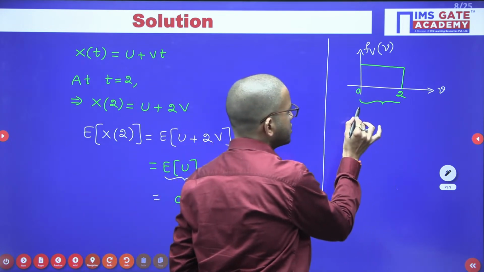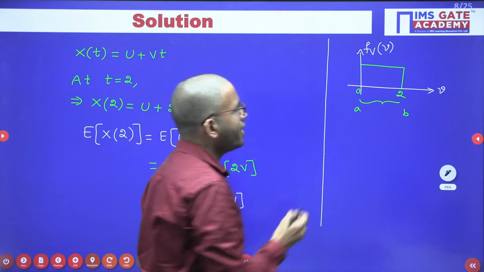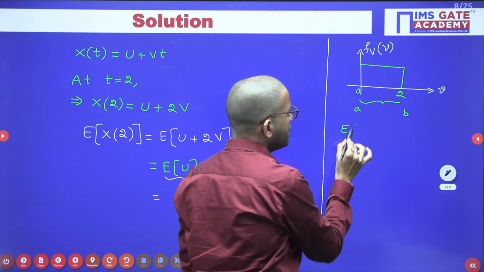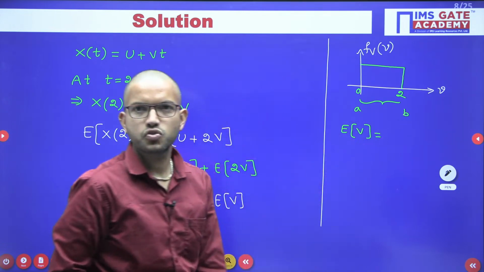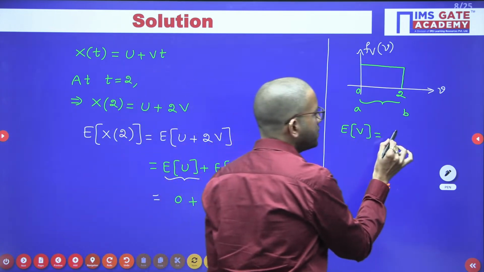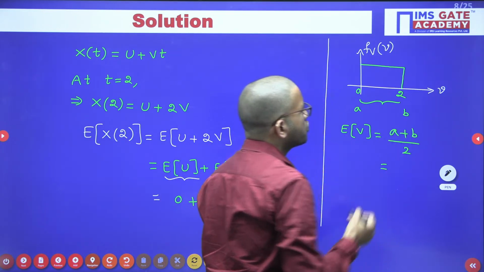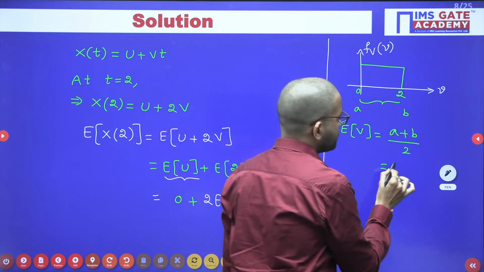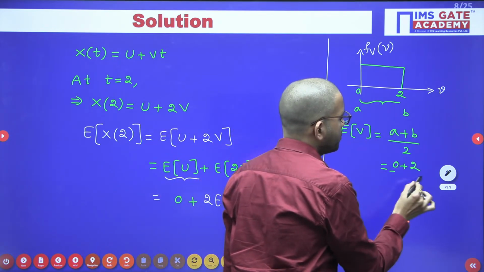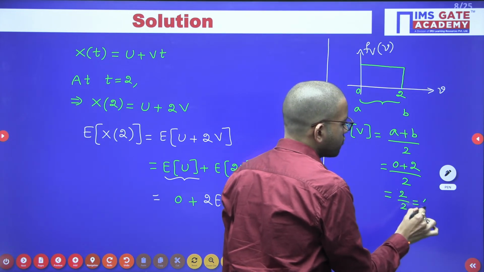Say this one is A, this one is B. The mean value is just the average of these two: A plus B divided by 2. According to this question, A is 0, B is 2. 0 plus 2 divided by 2 is 2 by 2, which is 1.